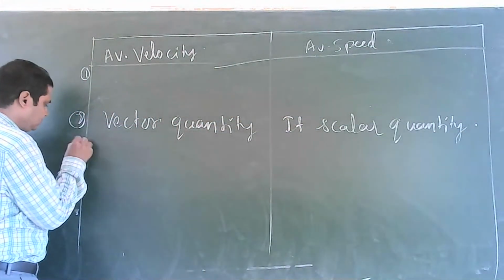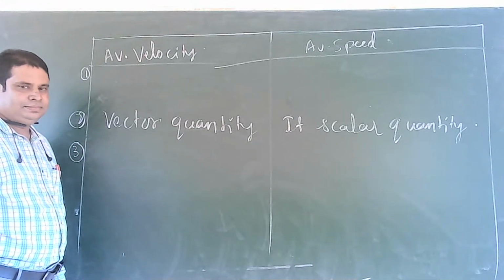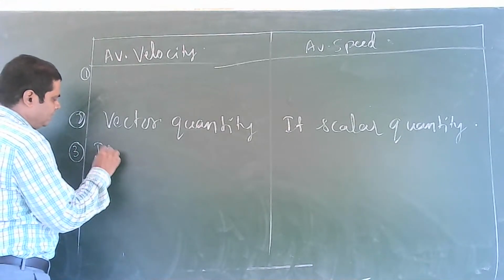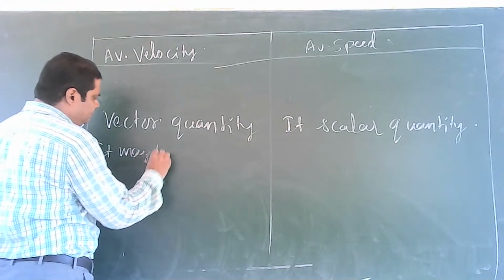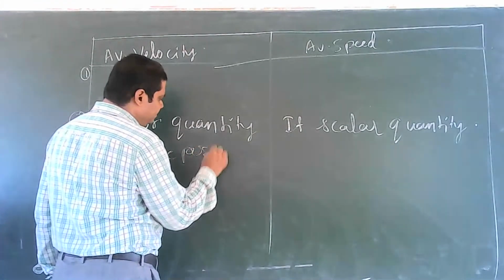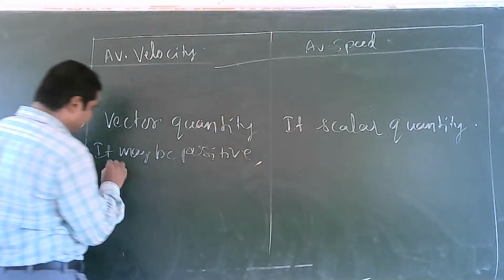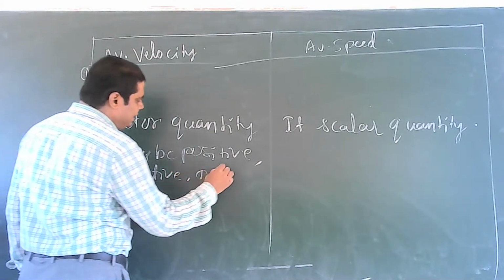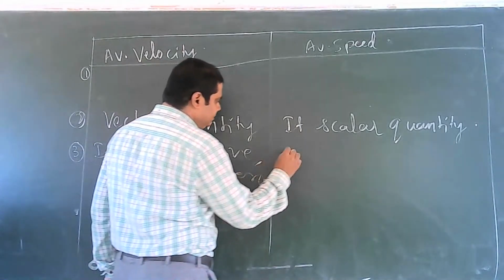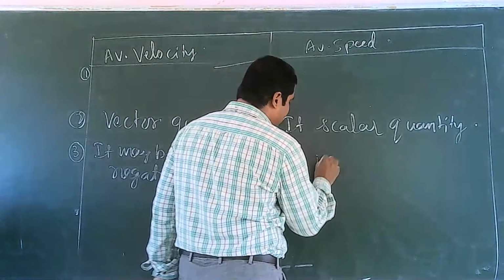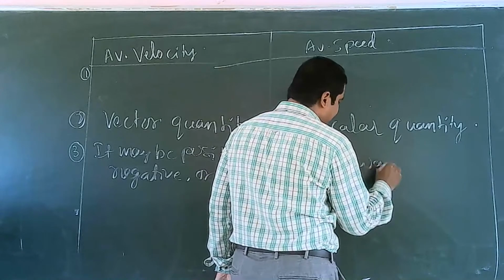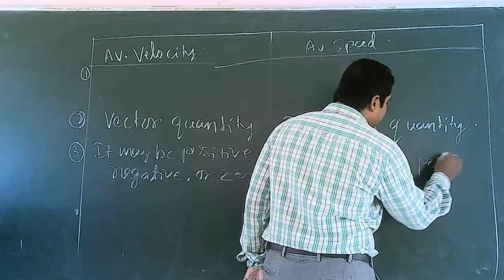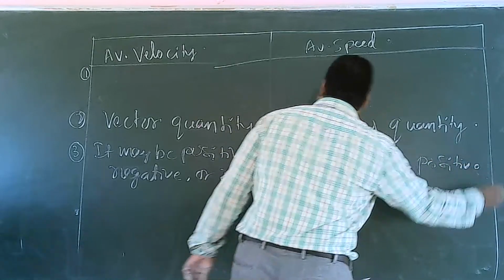Third one: average velocity may be positive, negative, or zero, while average speed is always positive.